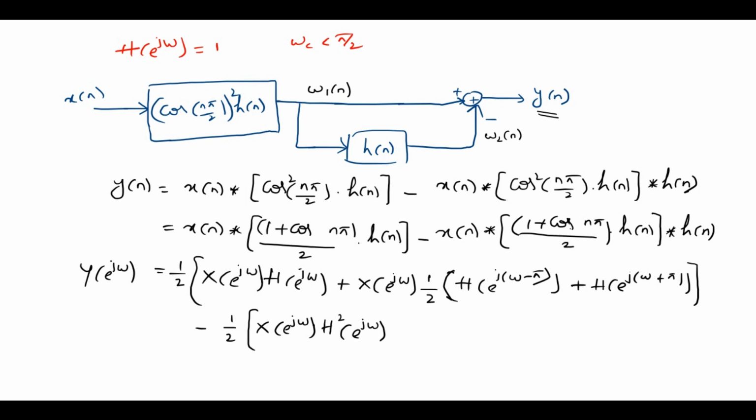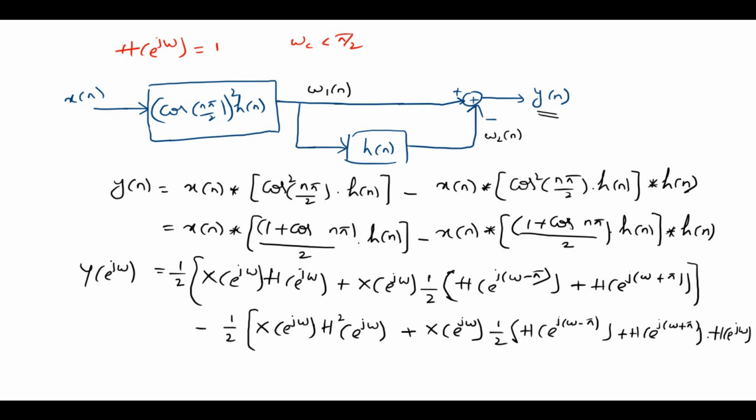And the next term is plus x of n convolved with cos n pi into h of n, again convolved with h, so that is x of e power j omega times 1 by 2 into h of e power j (omega minus pi) plus h of e power j (omega plus pi). This whole thing is again multiplied with h of e power j omega.